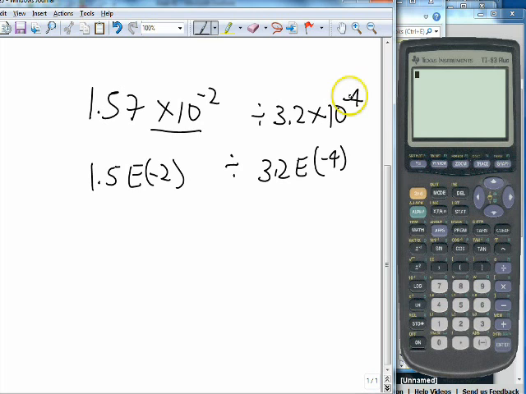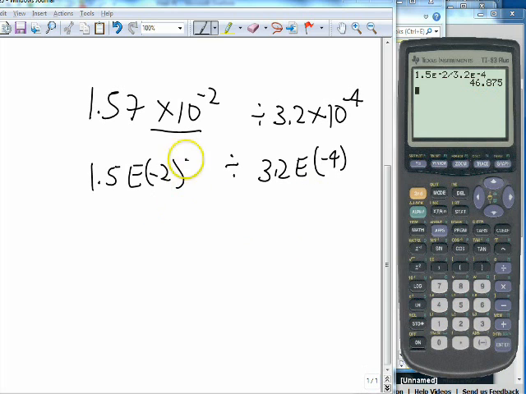Okay, that's how we're going to put it in the calculator. So we're just going to say 1.5, second function E, to the little negative 2 there, and then we just go divided by 3.2, second function E, little negative 4, hit enter, and we have our answer.